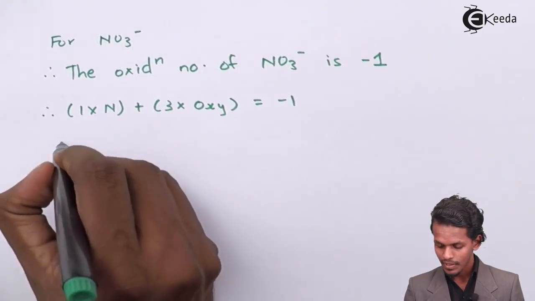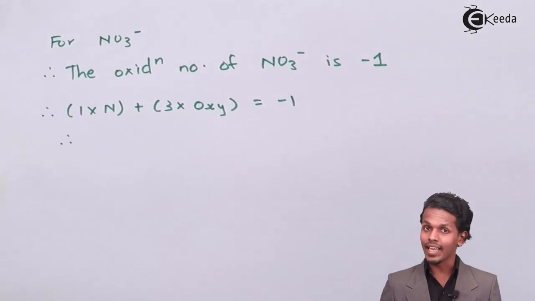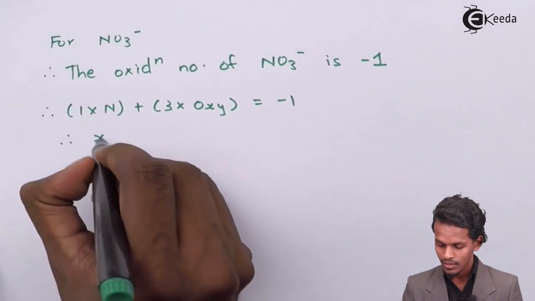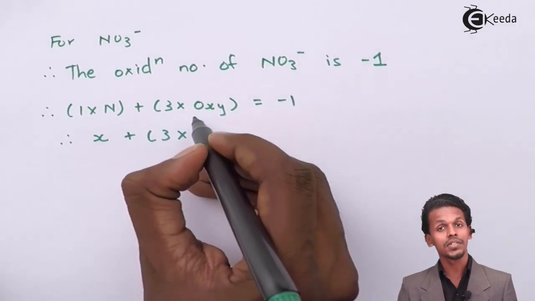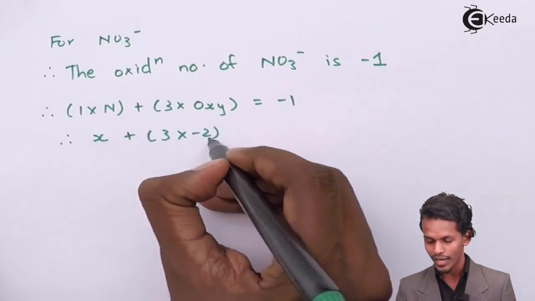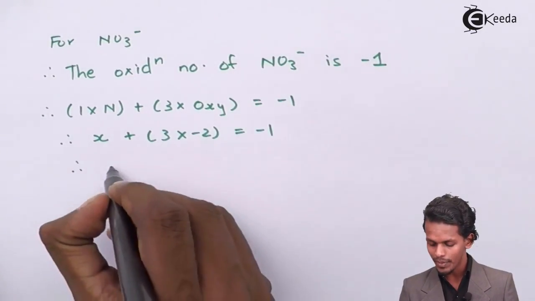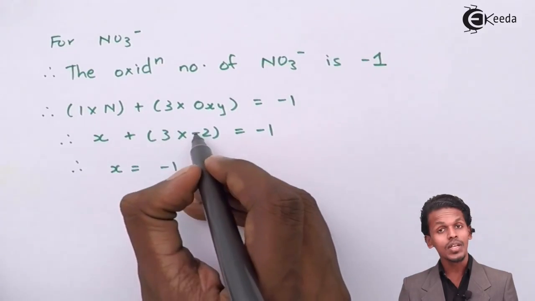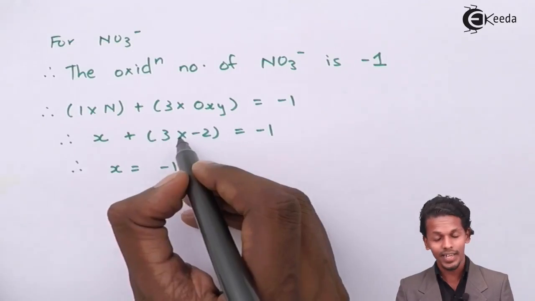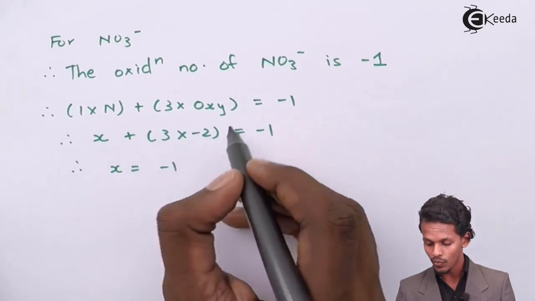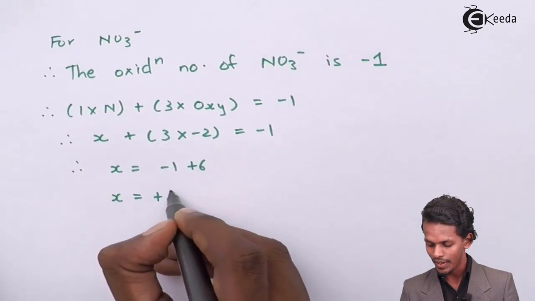I consider the oxidation number of N as X, as I don't know it, for instance, and 3 into the oxidation state of oxygen, which is -2. So 3 into -2 is -6. This -6 will shift over and convert into +6. Therefore X will be +5.